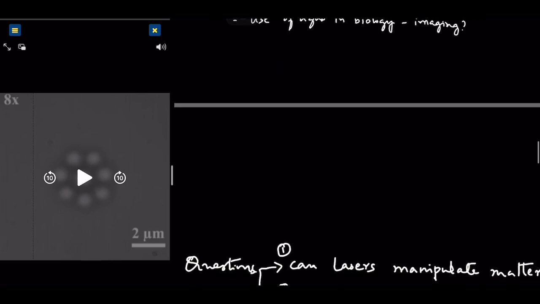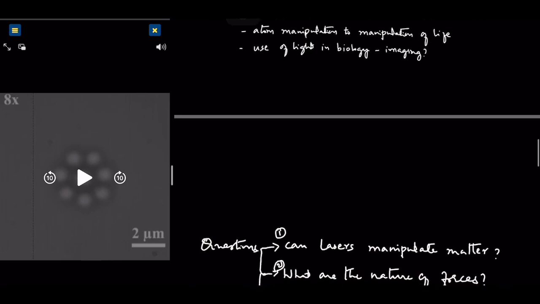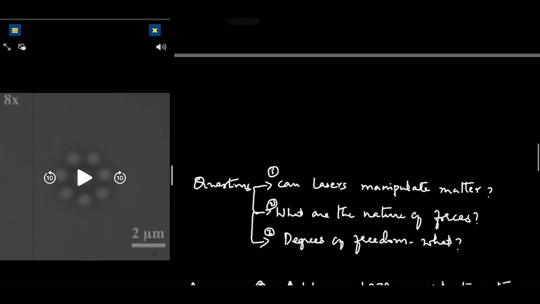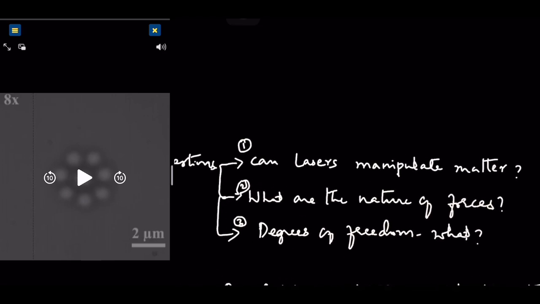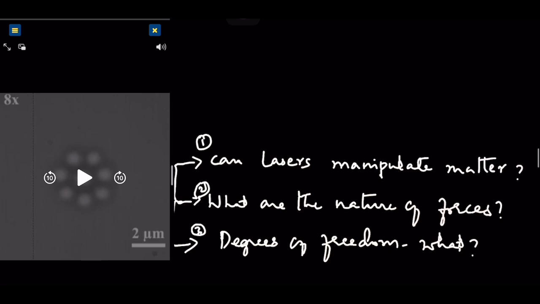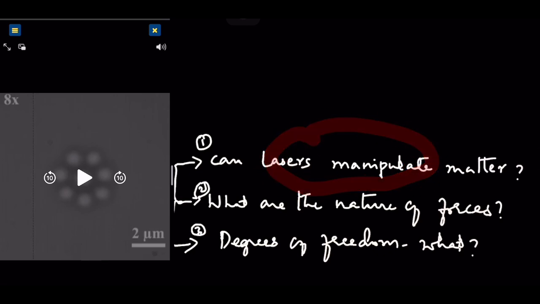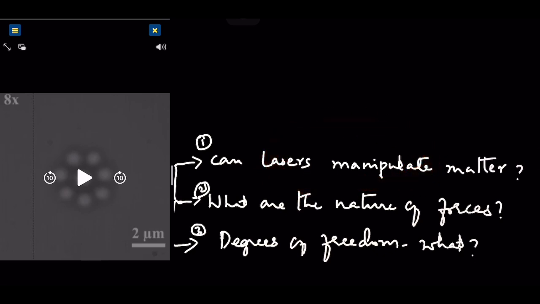So the questions which people had to address were multifold. One of the important questions that had to be addressed during that particular time was, can lasers be utilized for some kind of manipulation? The second question was, what is the nature of the forces due to this kind of light matter interaction?